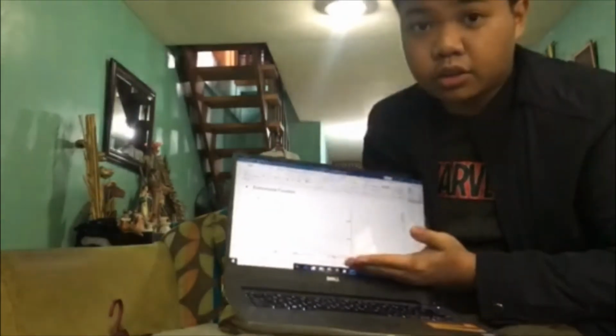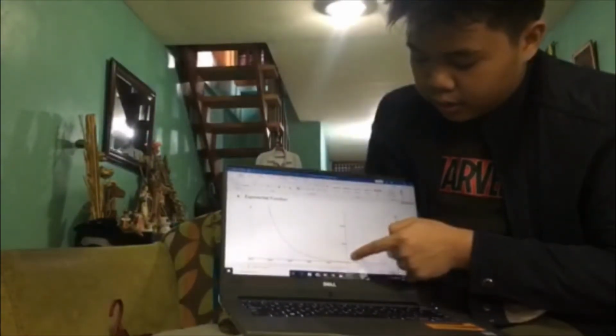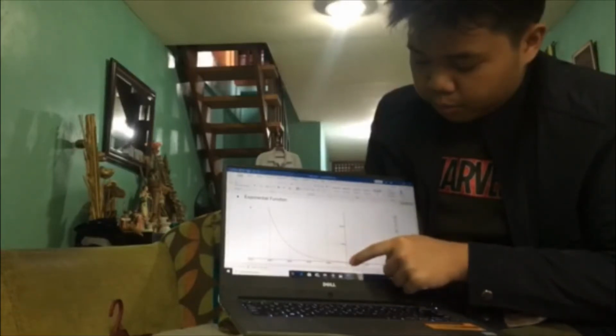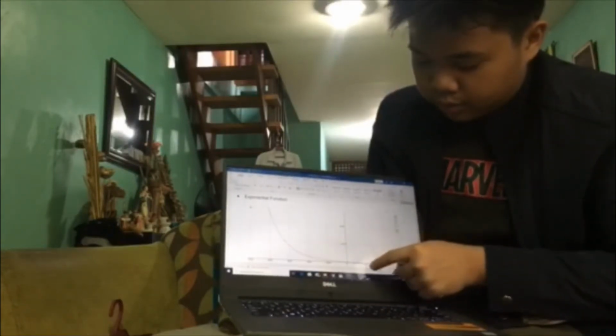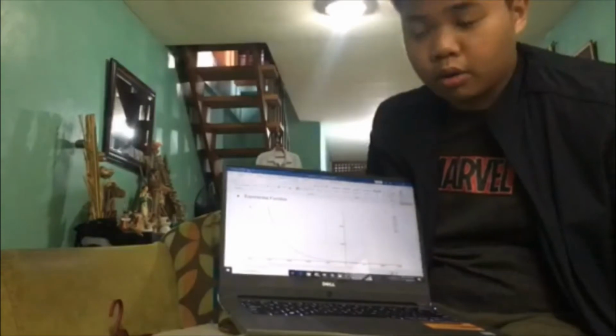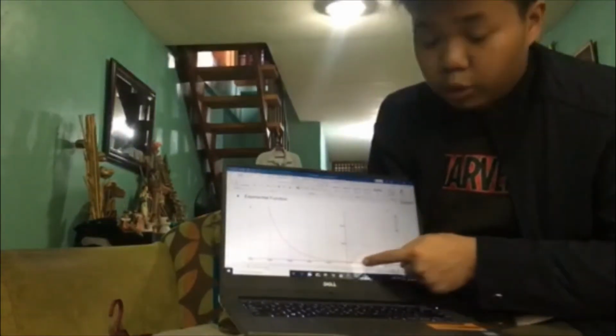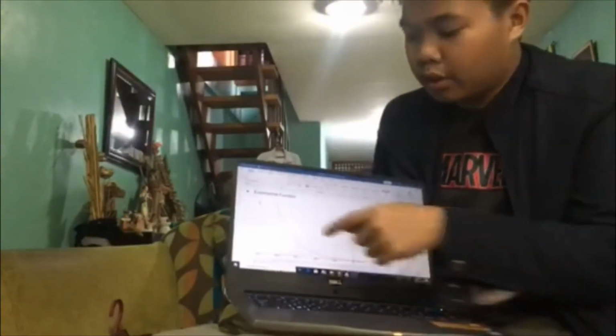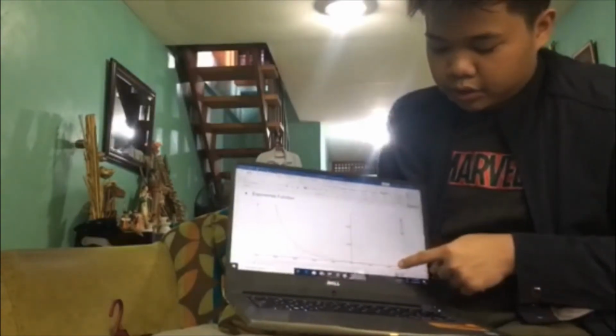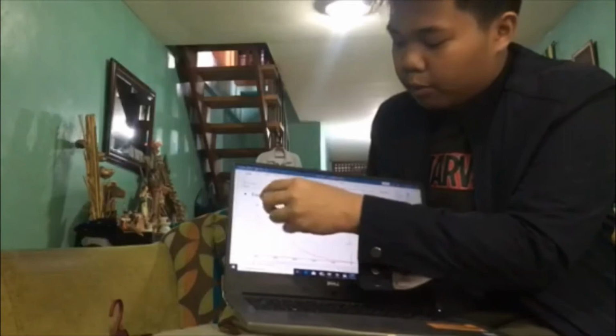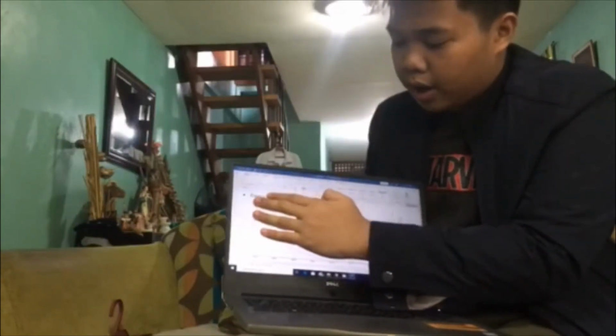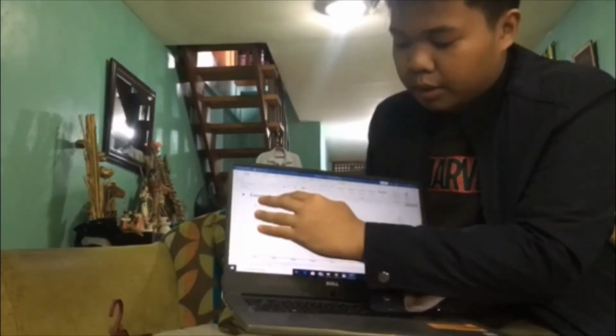It looks like it touches zero, but the intervals are long, so that's why it looks like the graph touches zero. It shows the decay from here and how that particle decays over time.